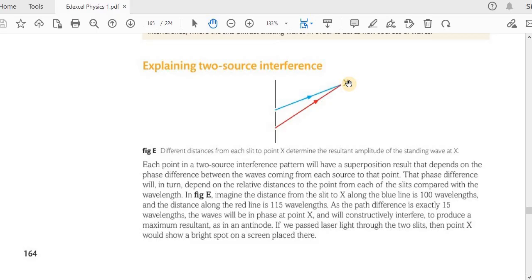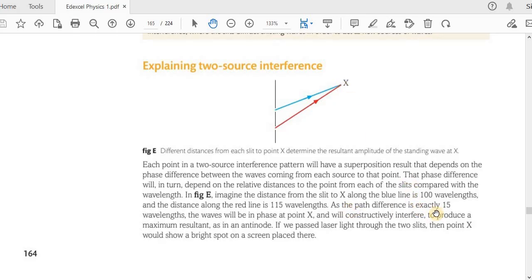Now remember, we talked about path difference earlier. Path difference can be found here. That is the difference between the number of wavelengths between these two. So it will be 115 minus 100, which is 15 wavelengths. The path difference of these two waves at point x is 15 wavelengths.